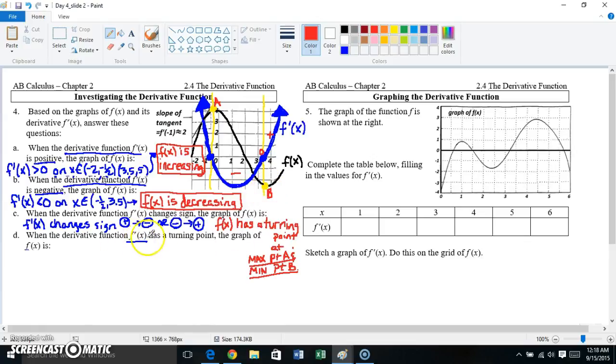Okay, so does the derivative function, f prime of x, have a maximum or a minimum? Well, here we go on our graph. The blue derivative graph, the graph is decreasing. Somewhere in here, maybe about at 1.5, the graph changes directions from going down to going up. Okay, the question is, what's happening on our function when that happens?